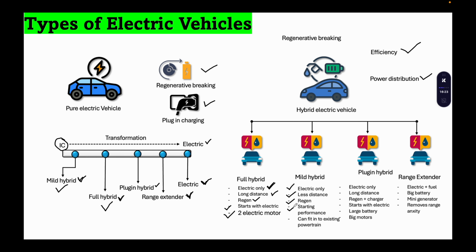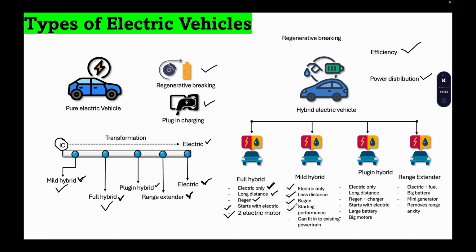As we already know, at the initial speed, when you are around 0 to 20 kilometers per hour, your engine is not running at a good speed, so you cannot use your engine efficiently. This is where the motor comes into the picture: you start the vehicle with the motor.